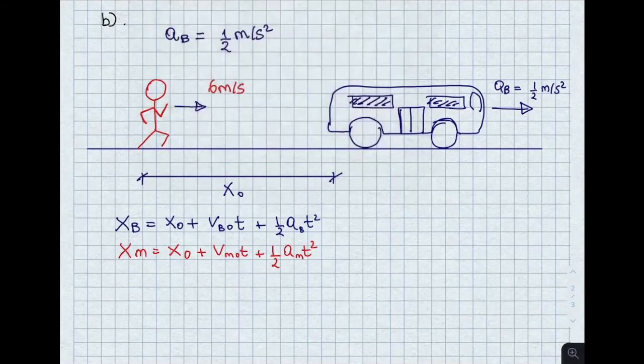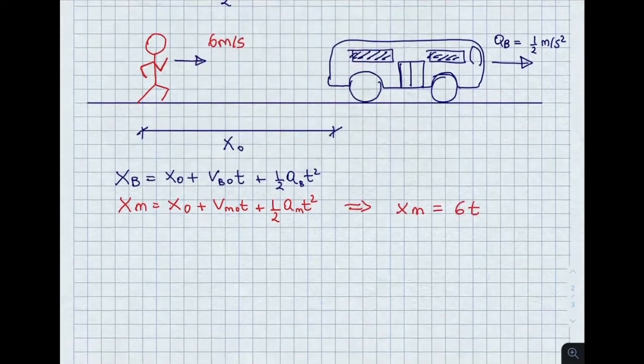We know from part A that x of the man is 6t. And xb is going to be 25 plus 1/2 times 1/2 t squared. So xb then is 25 plus 1 over 4 t squared.